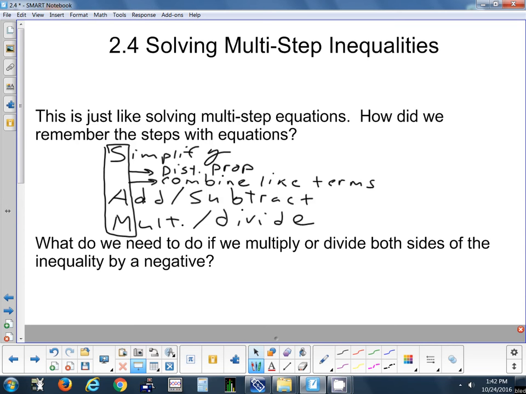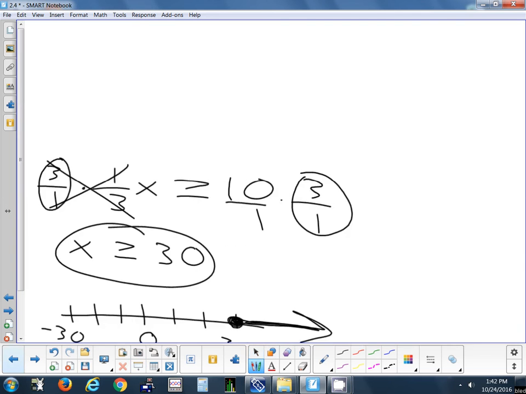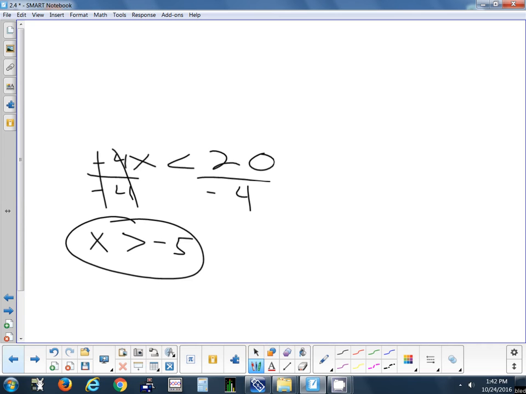So not positive or negative. It has to do with the sign, like the symbol. Like what did we do when we looked at, not this one, but this one? What did we have to do because we divided both sides by a negative right there?